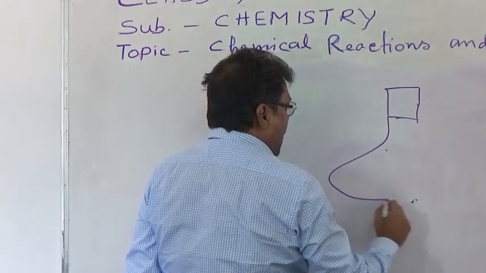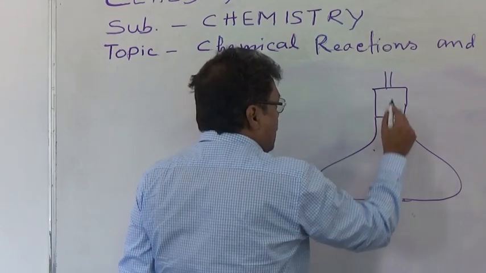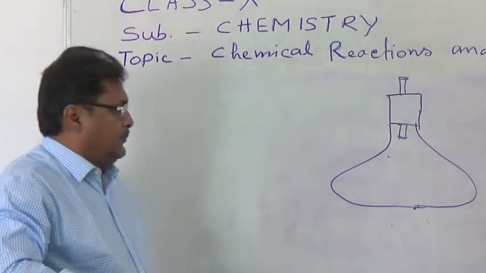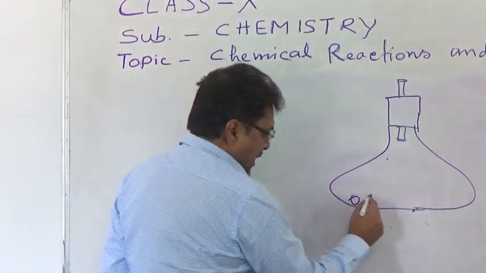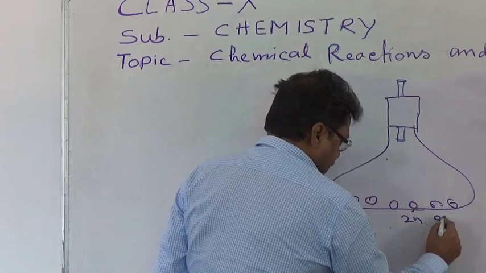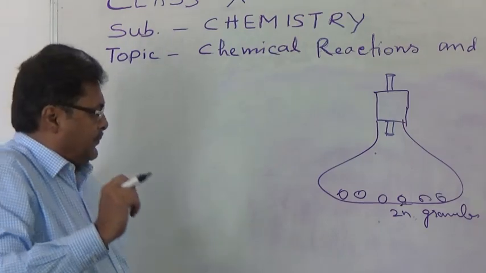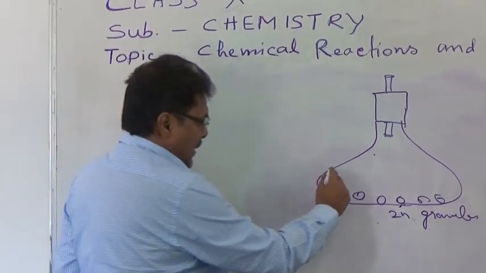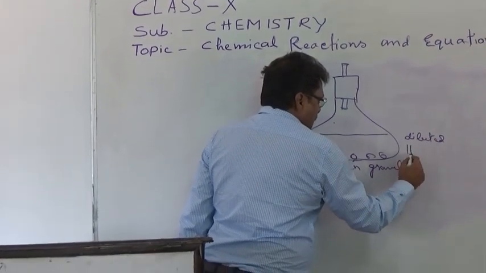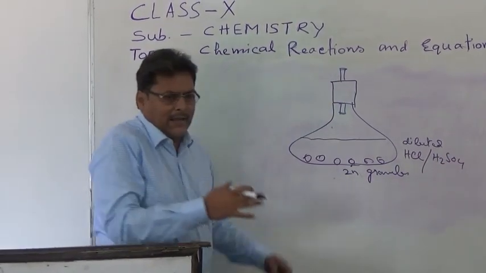Let us take a conical flask and put a glass pipe through the cork, and put some zinc granules, very small pieces of zinc metal, and let us pour some very dilute hydrochloric acid or maybe sulfuric acid, that doesn't matter.